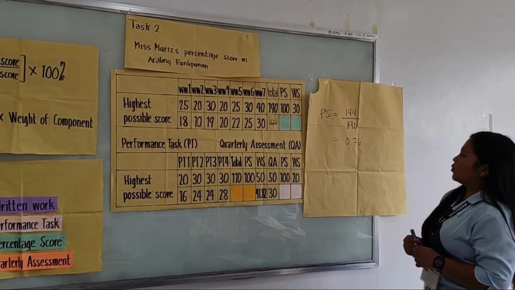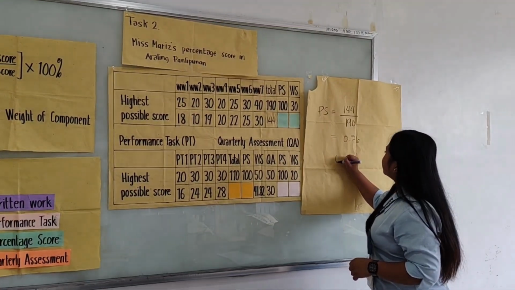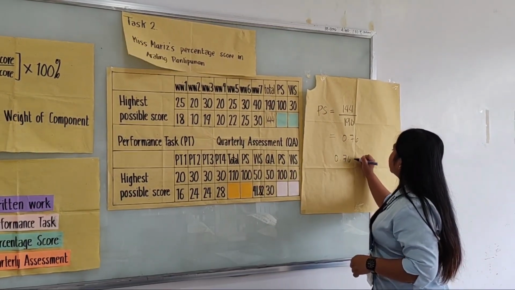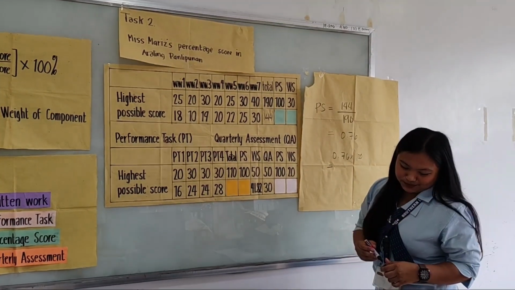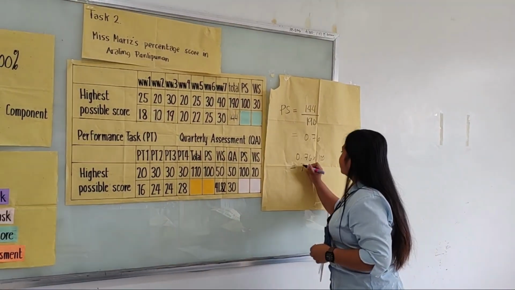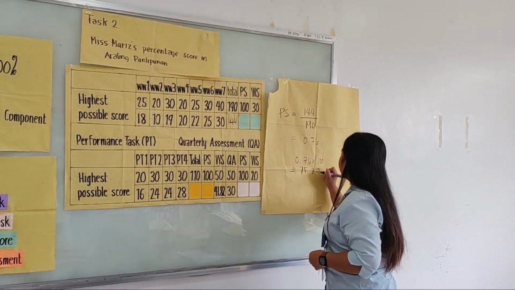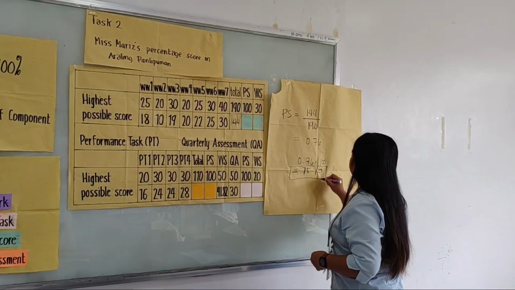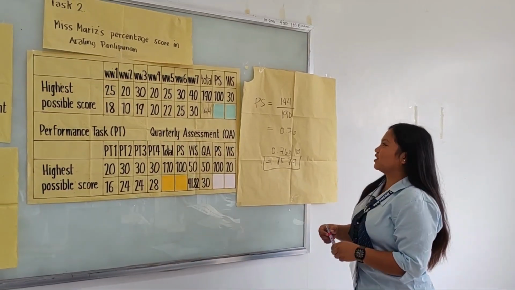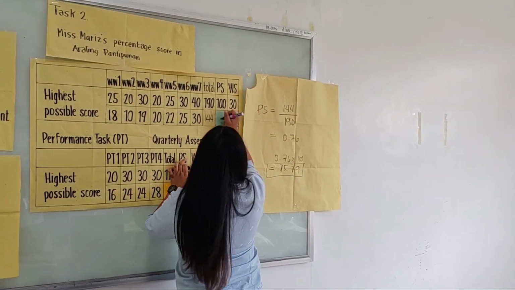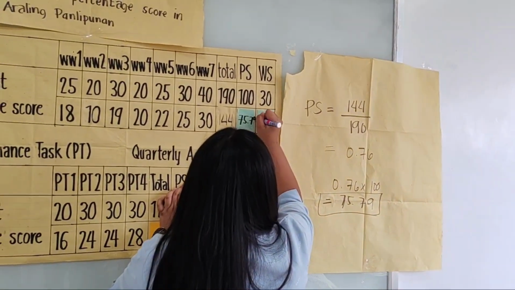After dividing this, we need to multiply 0.76 times 100, which is 75.79. This is the percentage score of Miss Maurice. So we have the answer, let's put it in this table.